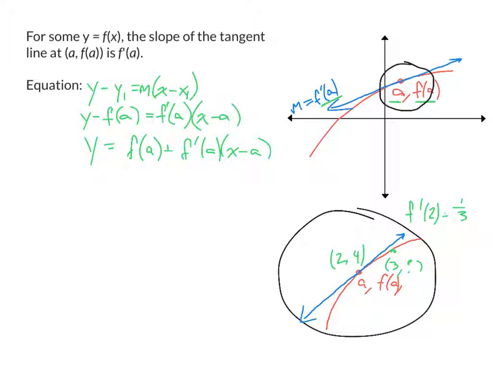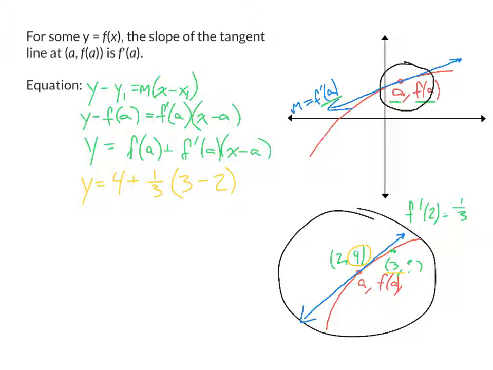And so my new y value is going to equal my f of a, which is right here, it's 4, plus the slope, 1/3, times my new x value, which is 3, we want to go toward 3, minus the 2.